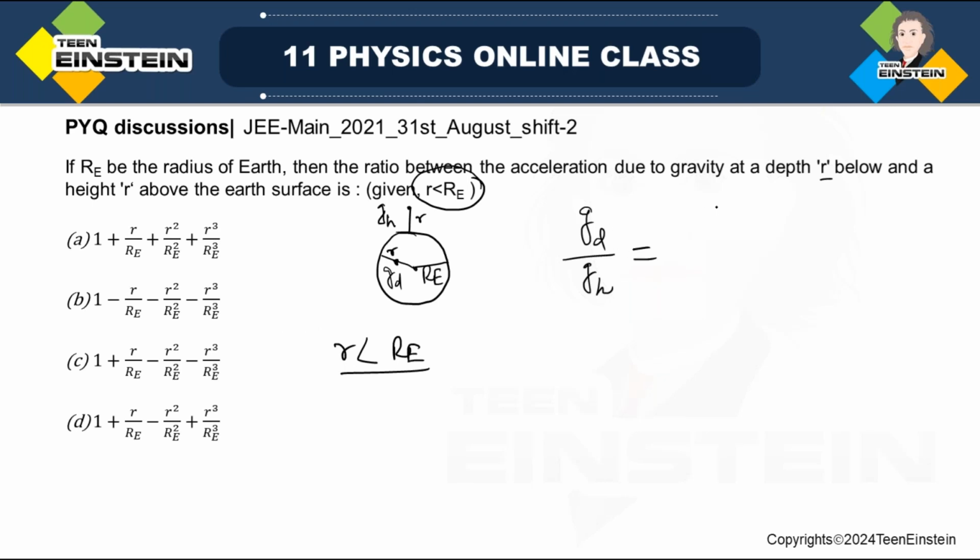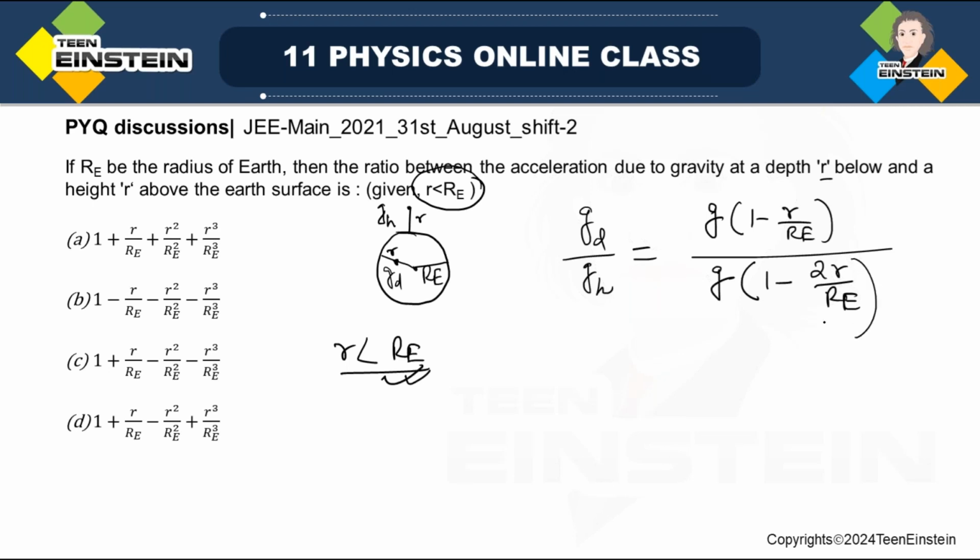So g d, we know for depth will be g into 1 minus small r by re. Sorry, d by r. Anyway, that is re. So since I am able to apply this, I can write this also as 1 minus 2 small r by re. So that is what I had to do.